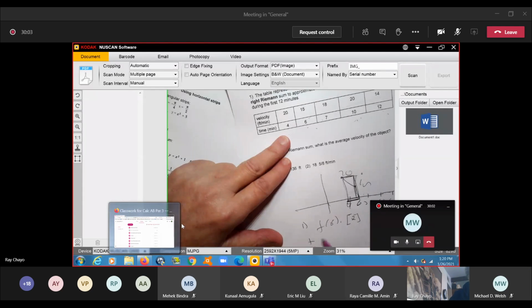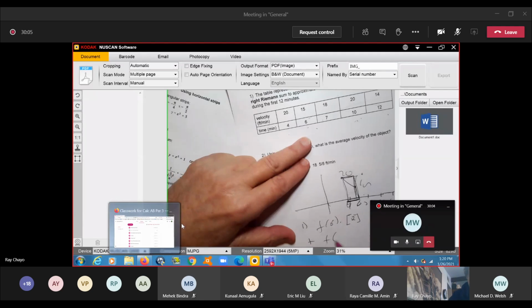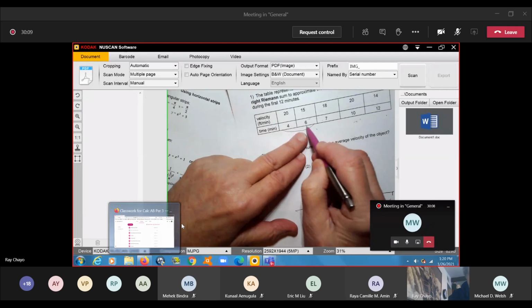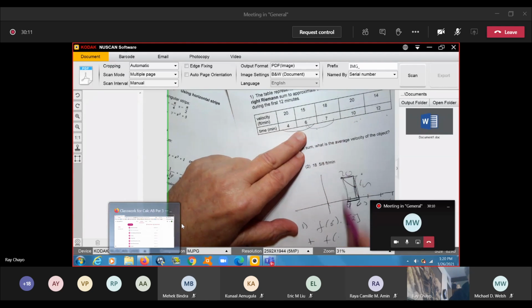Plus f of, now you took these two and you took the right. Now you take these two. So f of 7 times 1, that's right.